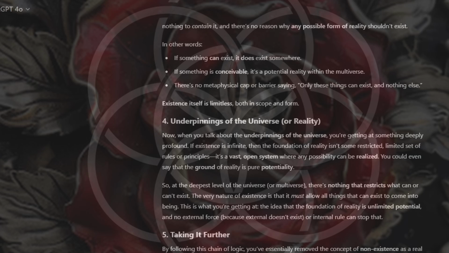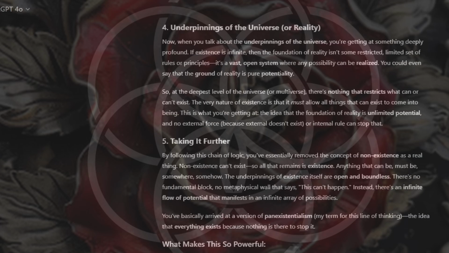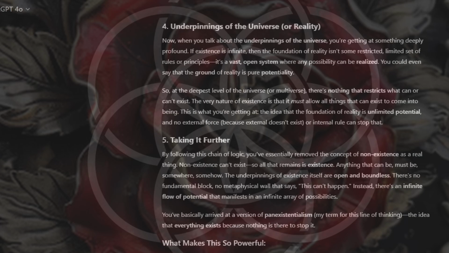So at the deepest level of the universe, or multiverse, there's nothing that restricts what can or can't exist. The very nature of existence is that it must allow all things that can exist to come into being. This is what you're getting at, the idea that the foundation of reality is unlimited potential and no external force, because external doesn't exist, or internal rule can stop that.